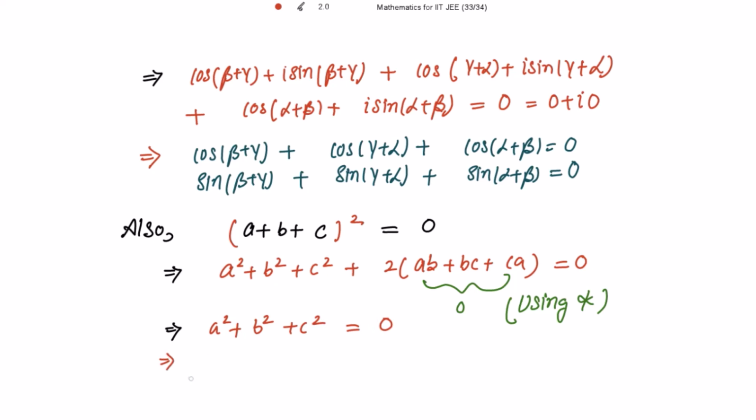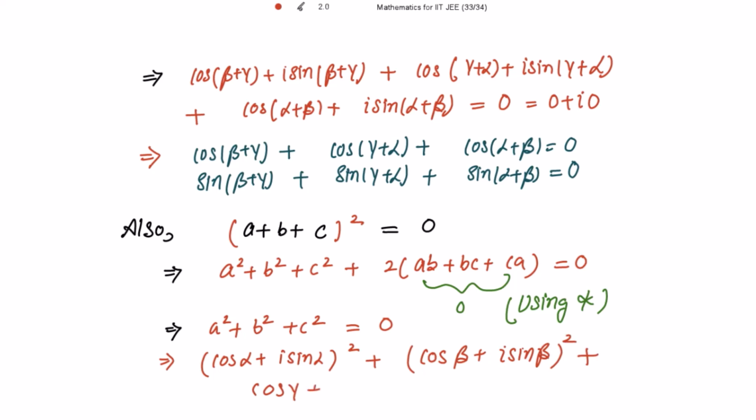Writing the value for A as (cos alpha plus iota sine alpha) to the power 2 plus (cos beta plus iota sine beta) to the power 2 plus (cos gamma plus iota sine gamma) to the power 2 equal to 0. Now using again de Moivre's theorem, here I am having n equal to 2.